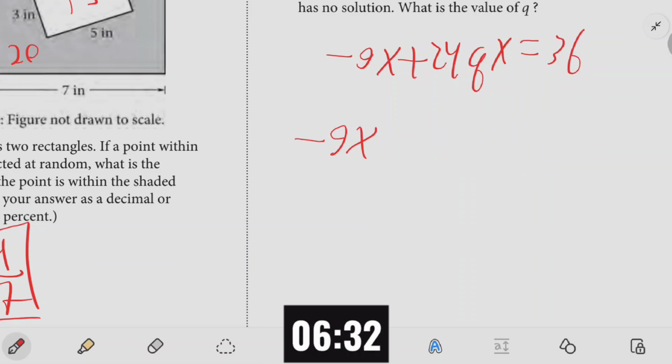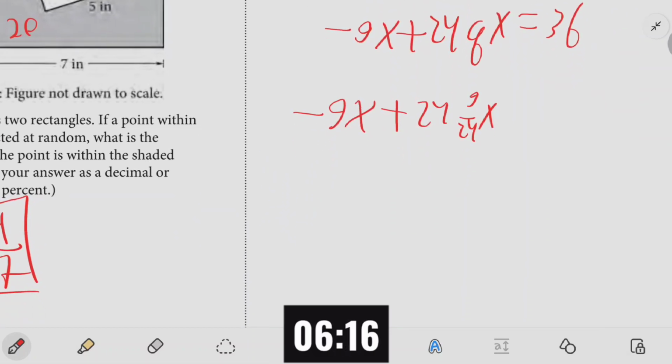Wait, they have to plus 24qx. It has to be 9x. 9/24. Right? Yeah, I think.